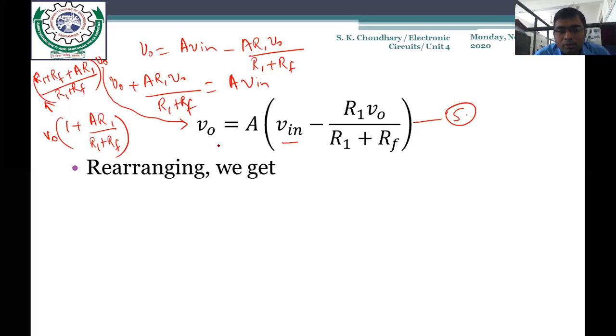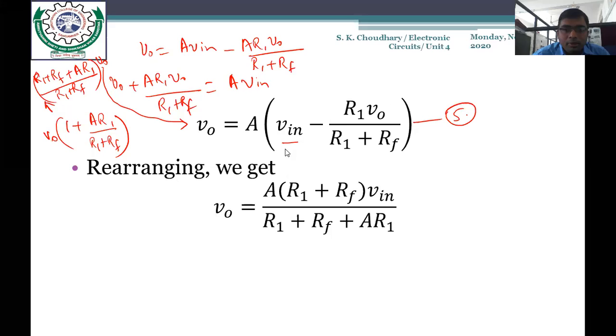V0 is equal to what? I have directly written the equation. You can do the calculation on your own by keeping some space in your notebook. These are very simple arithmetic equations. So this goes into the denominator and this goes into the numerator, and finally you find the result.